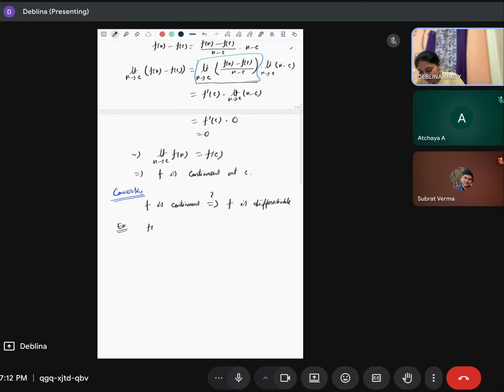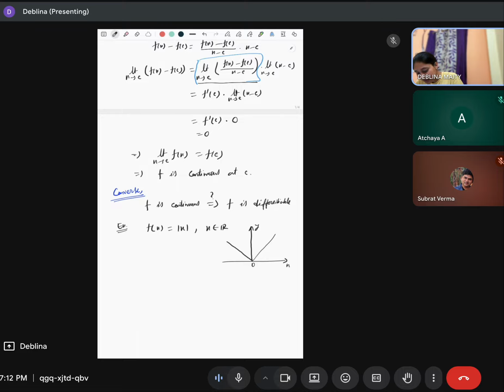So if we take the function mod x, where x belongs to R, the graph of this function looks like this. It has a corner at 0, so it is not differentiable.